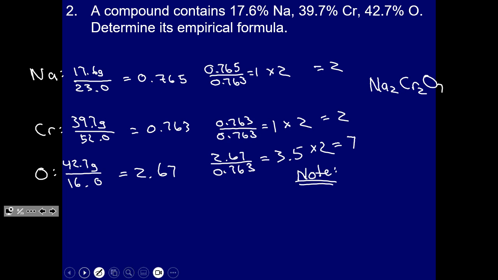If you end up with, say, an x.5, and I know x isn't the best thing to use because I'm going to say multiply by 2, and that multiplication is going to look like an x. So make sure you understand what I'm saying. If you get a something 0.5, times 2, double everything.